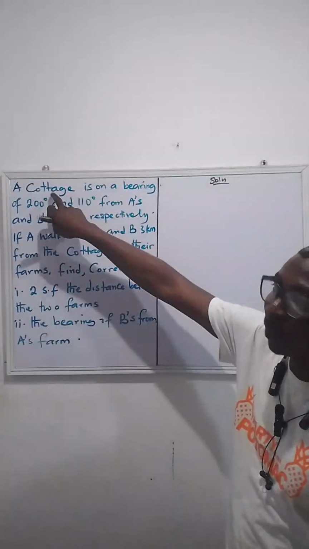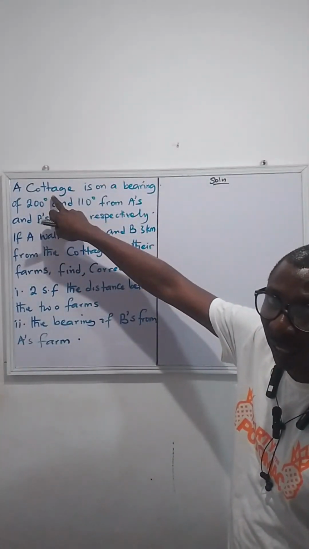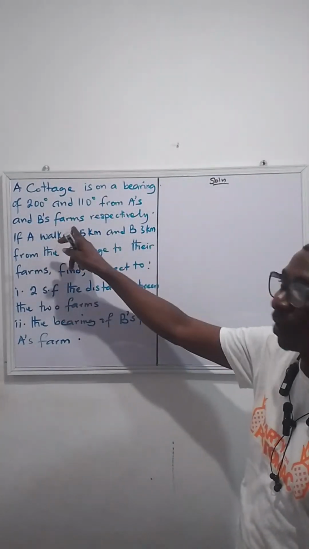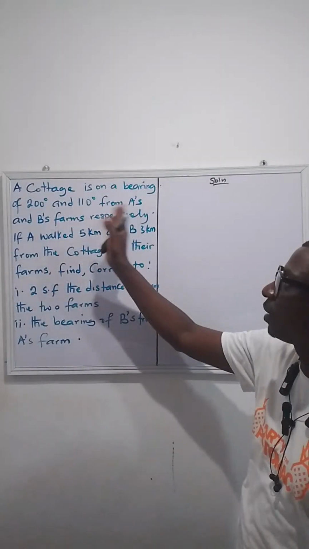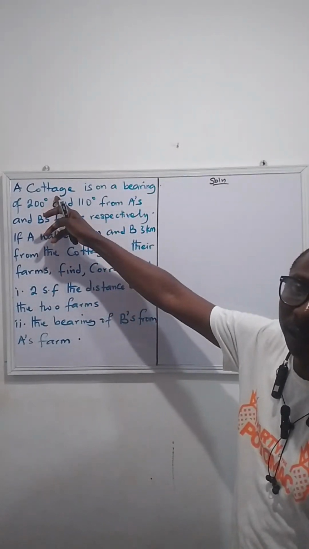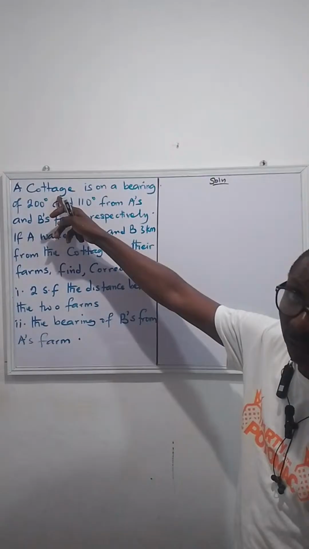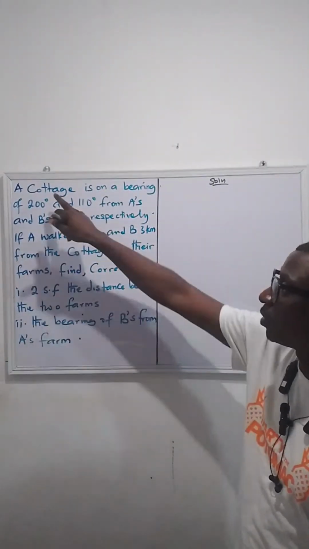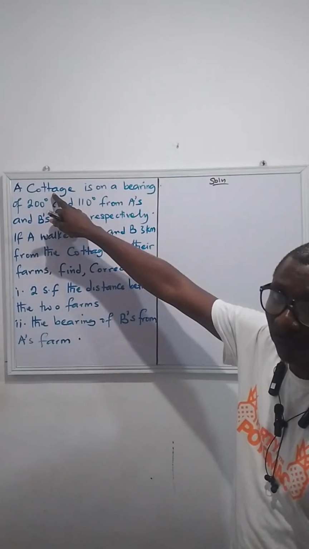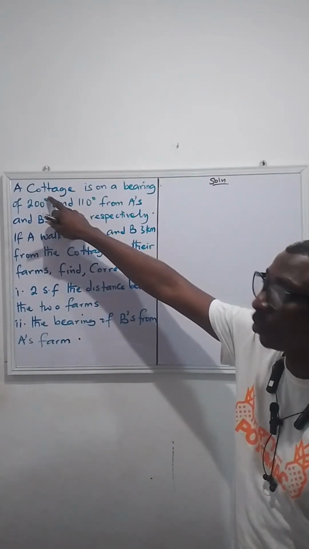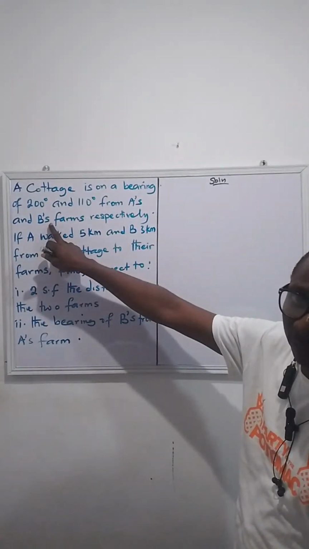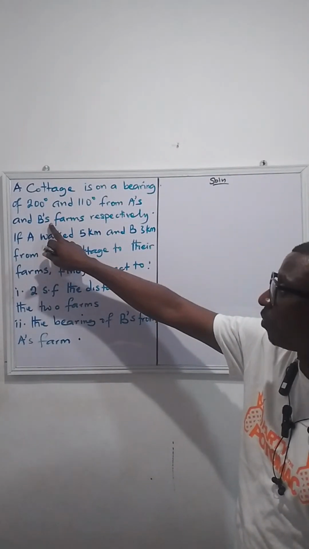So the position of the cottage is described with respect to A's and B's farm. That means A's and B's farm will determine the position of the cottage. So the first point we need to locate is not the cottage, because what determines its position is the A and B farms.